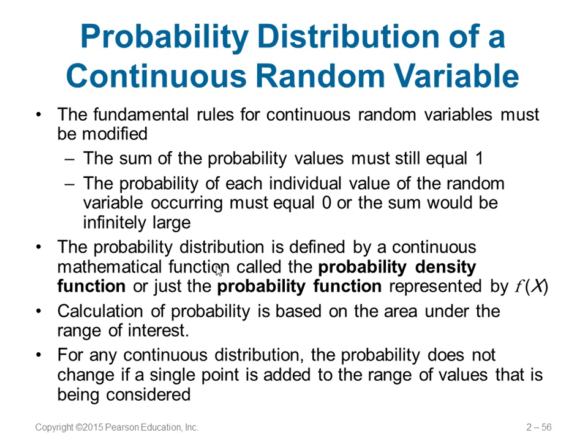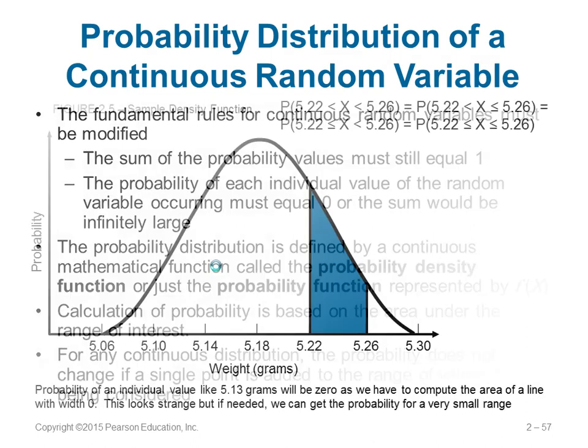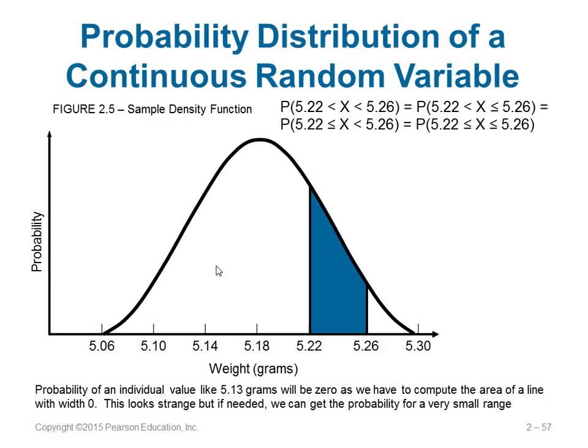How to calculate the probability density function? Simply, we calculate the area under the range of interest. We just have to calculate the area. And you have to understand, adding any single point will not increase or decrease the value. For example, if I say from 5.22 to 5.26, and I include 5.26, less than or equal to, this will not change anything because the probability of an individual value is 0.